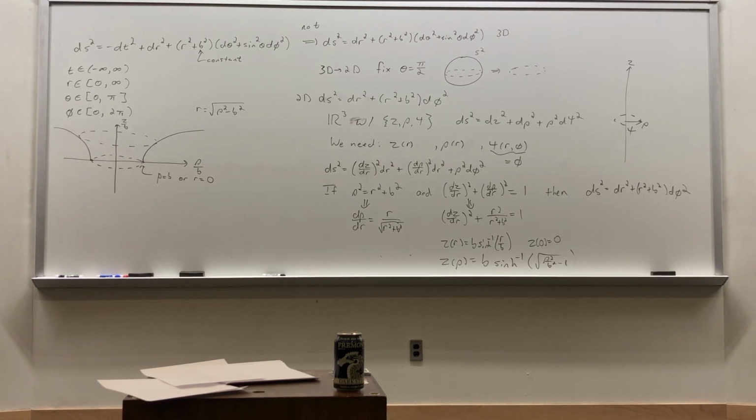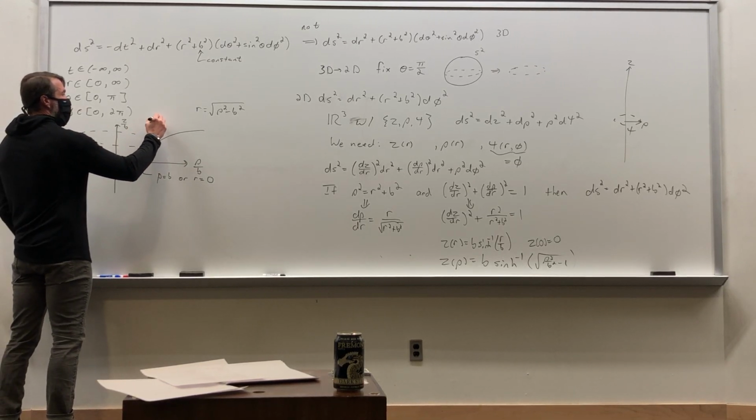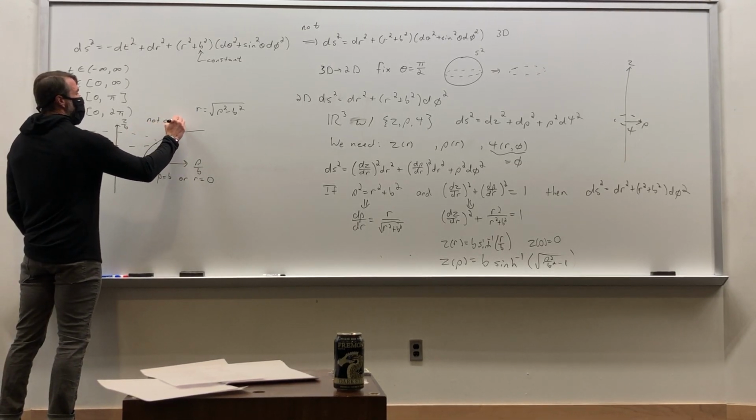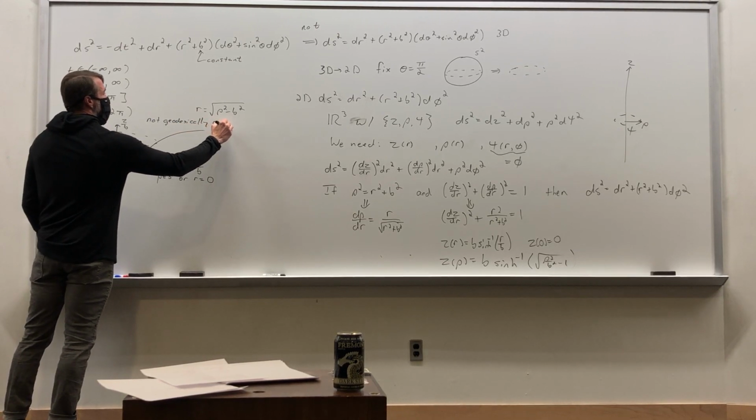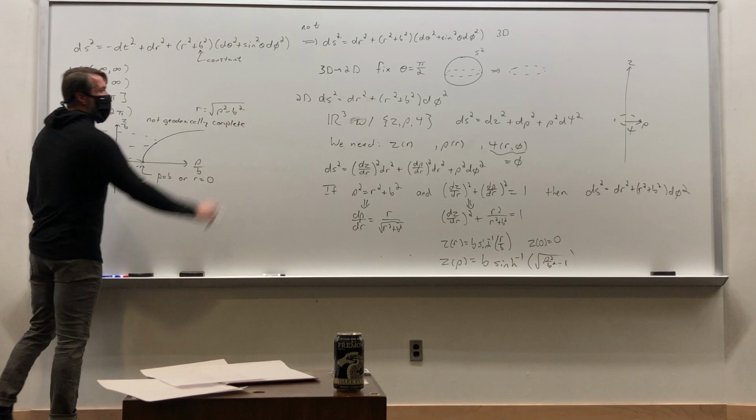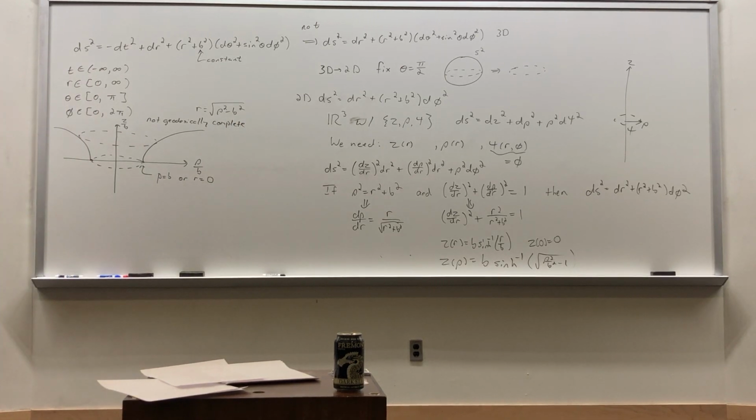And this poses a problem for the following reason. This space is not geodesically complete. What do I mean by that? Well, you know what a geodesic is. You have the geodesic equation, which incorporates the metric, and actually the Christoffel connections.